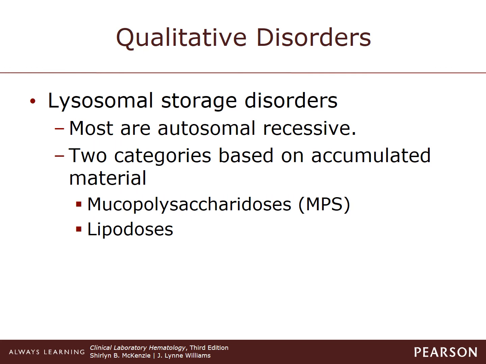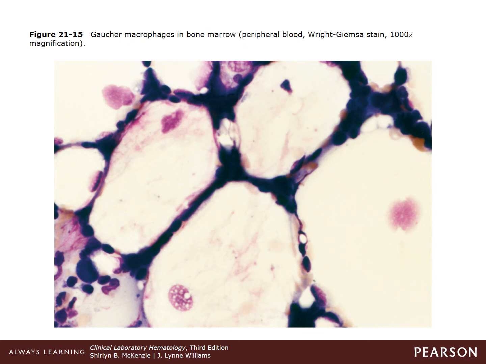The qualitative disorders of monocytes include a large group of inherited conditions which usually result in either a mucopolysaccharidosis or lipidosis. So Gaucher's disease is an inherited autosomal recessive disorder characterized by a deficiency in beta-glucosidase, the enzyme needed to break down the lipid glucocerebroside.